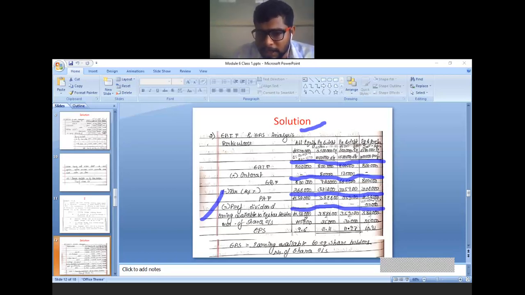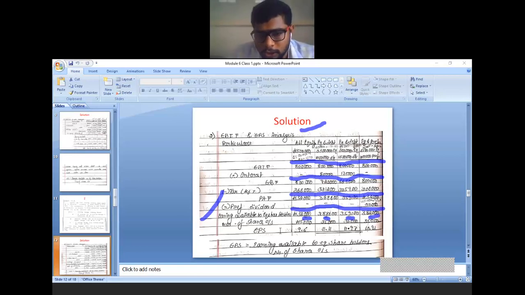Then in the format itself, what you have to do? You have to divide everywhere. You have to divide with the number of shares outstanding. When you are writing number of shares outstanding, it is applicable only for the equity shareholders. In the first plan, how much equity share capital do we have? 45 lakh equity share capital, divided by 100 means 45,000 shares.